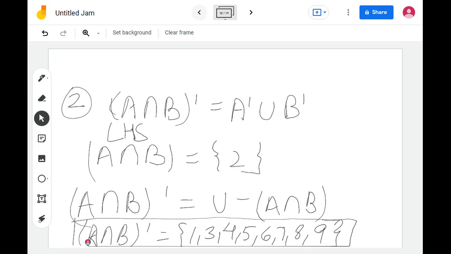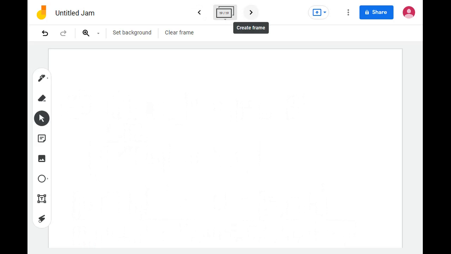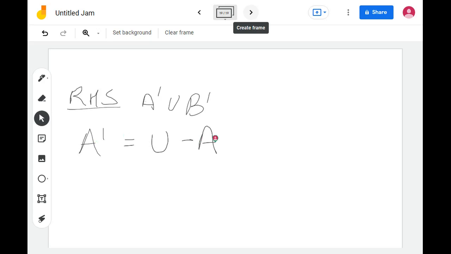Now we are proving the right hand side. The RHS is A complement union of B complement. A complement is union minus A: 1, 3, 5, 7 and 9.